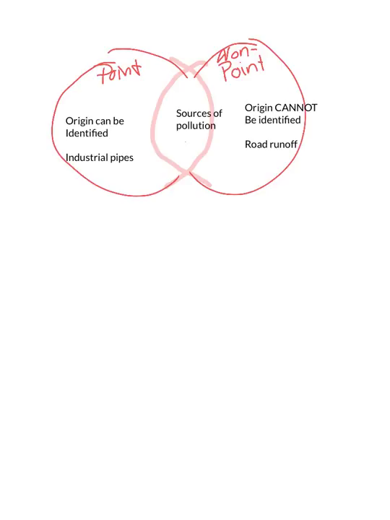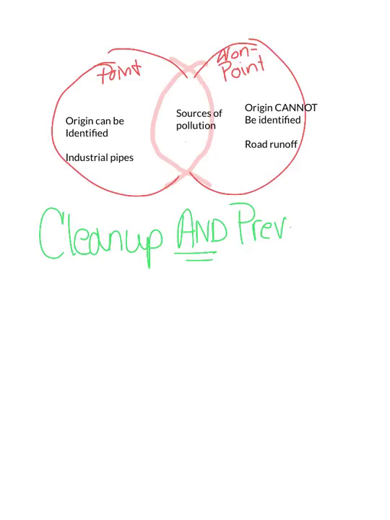And then the last thing we're going to talk about is cleanup and prevention. So cleanup, one of the things we're going to do for cleanup is we can use bacteria to clean up.